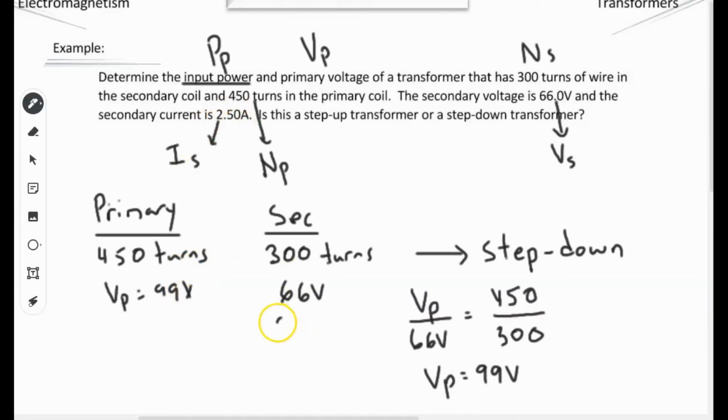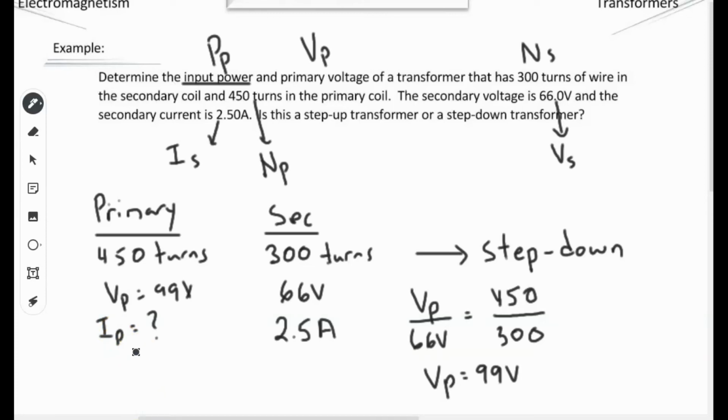So we only know that this one is 2.5 amps. All right, so to figure out primary power, you can do voltage times current for your primary source. And to do that, you could use our ratio equations to first figure out what the primary current is. So you can make it a two-step problem there.